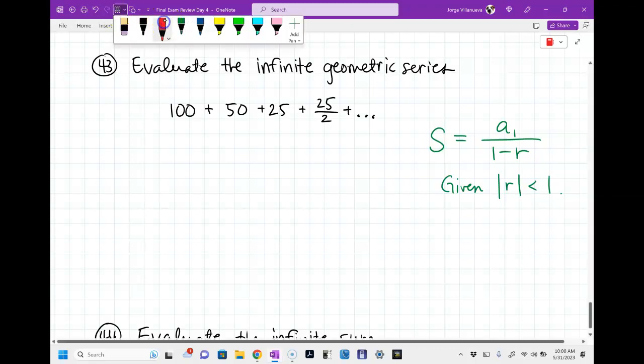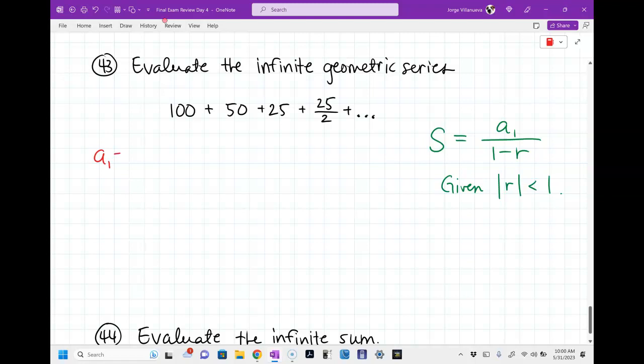So, what is a sub 1? A sub 1 is 100. A sub 1 is the first term, right? R is 1 over 2, because you are going to multiply 100 times half to get 50. 50 times half is 25. 25 times half is 25 over 2.